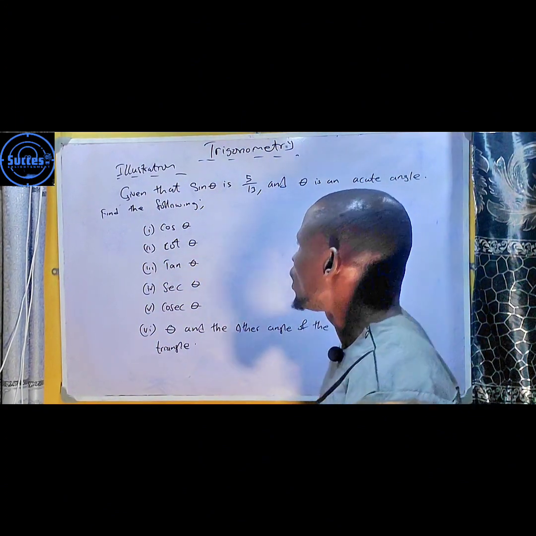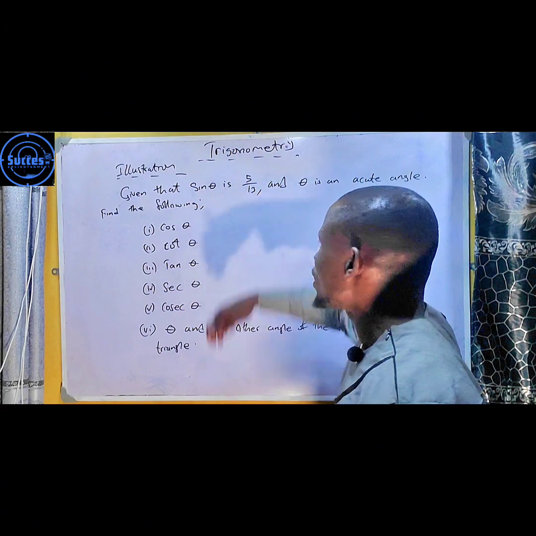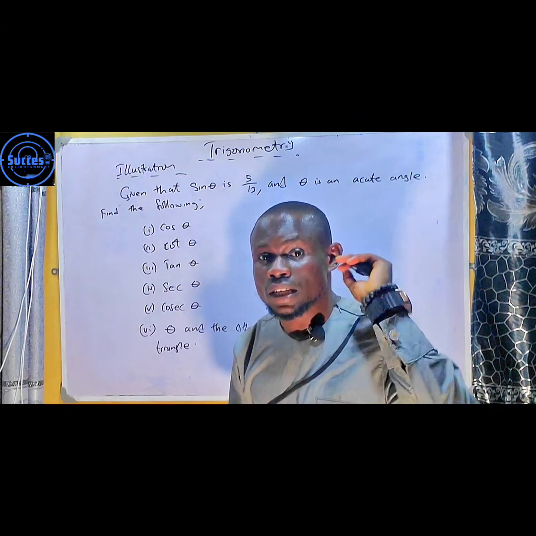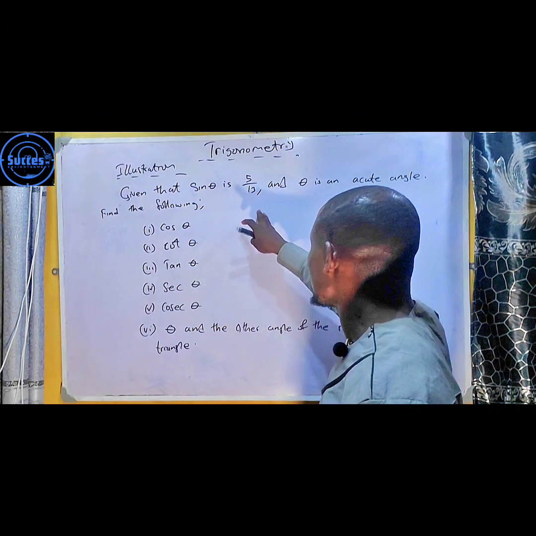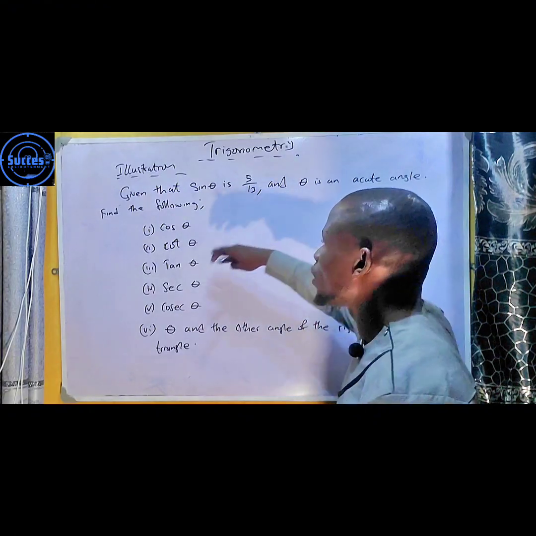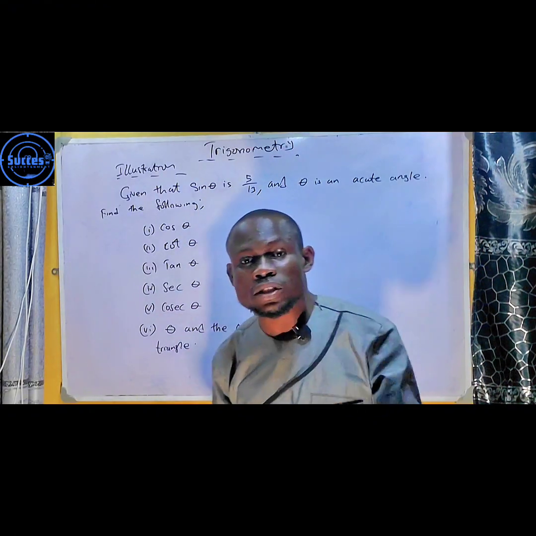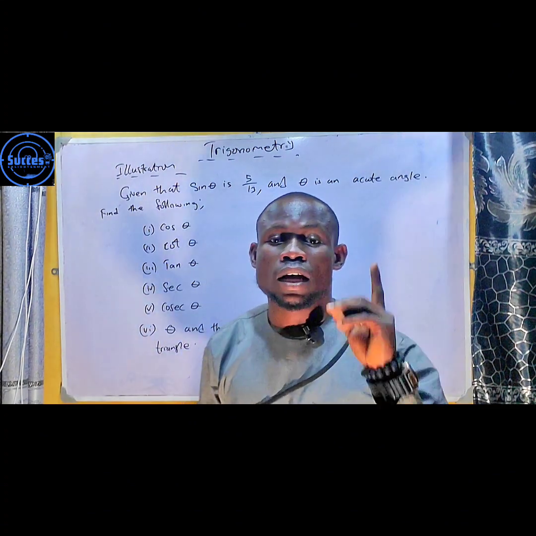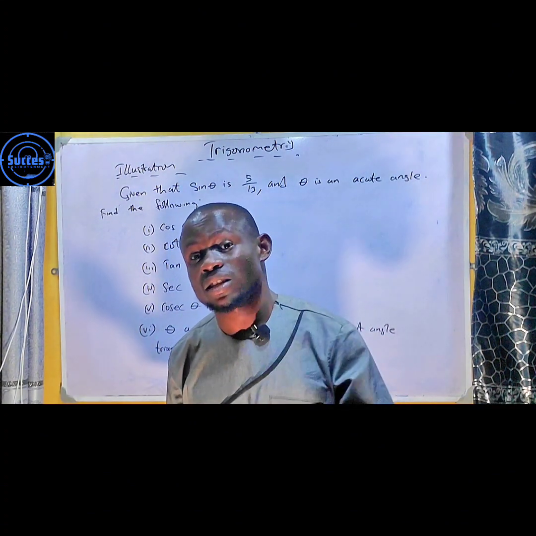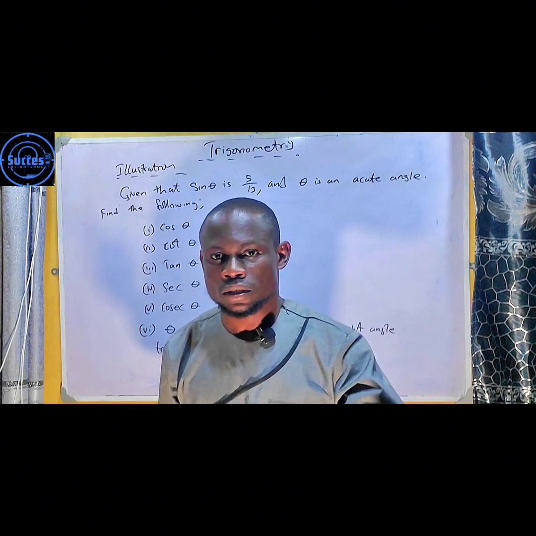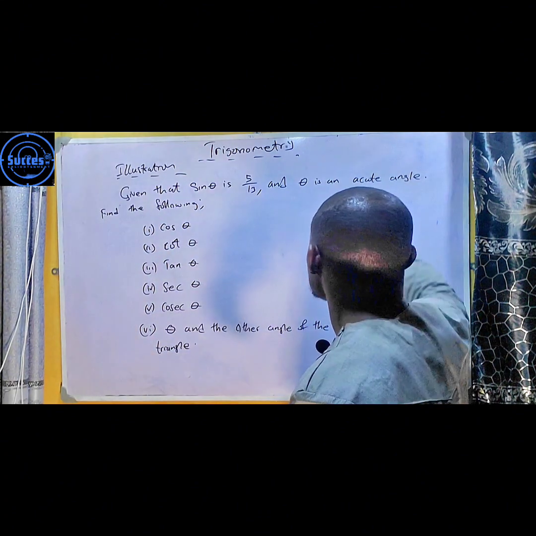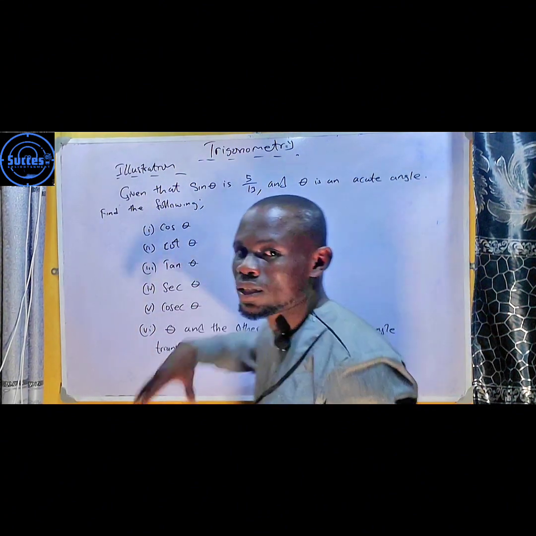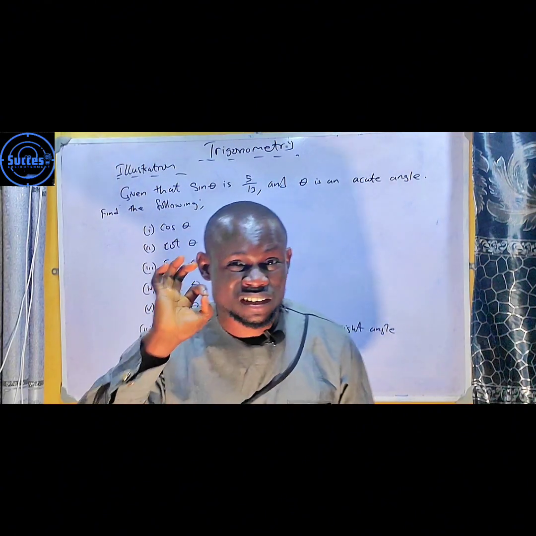If you look at what we are given, they say we are given that sine theta is 5/13, and theta is an acute angle. Find the following. The first thing we have to understand is what an acute angle is. An acute angle is an angle that is less than 90 degrees. Basically what they are telling you is that you are dealing with a right angle triangle.